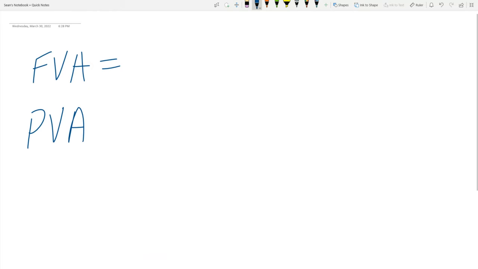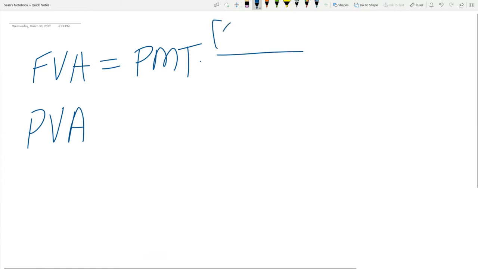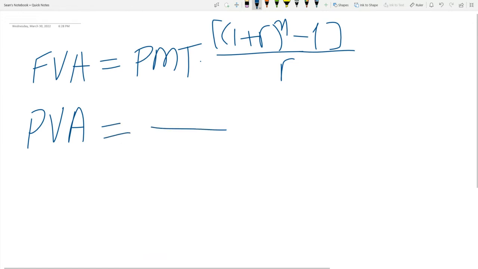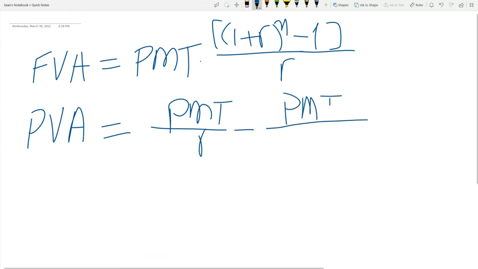Basically, the future value of annuity formula is payment times (1 plus r) raised to n minus 1, over r. The present value of annuity is payment over r minus payment over r times (1 plus r) raised to n.